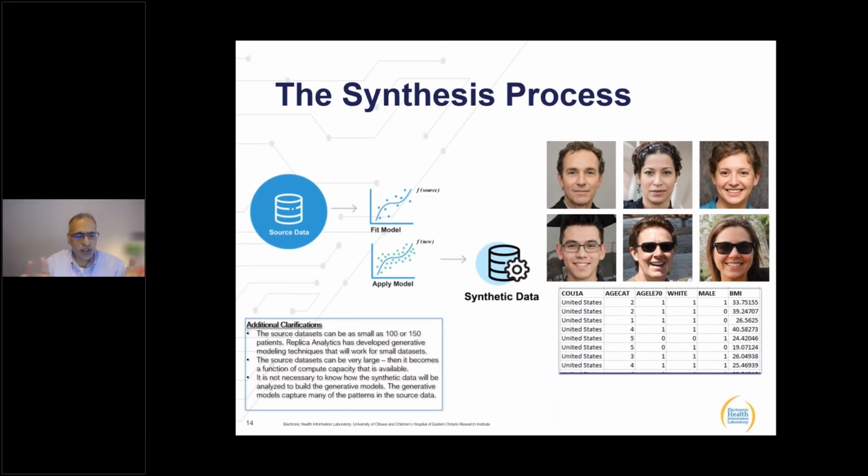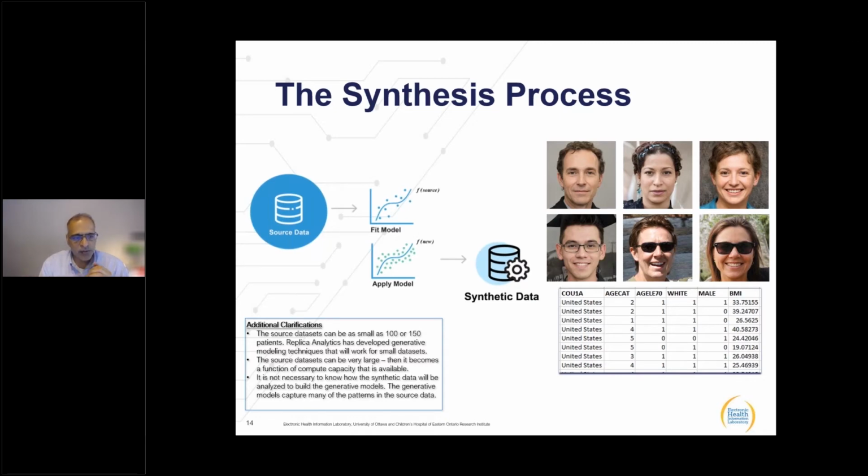So a few questions come up. How large can the data set be when you create synthetic data sets? We started doing this on clinical trial data sets, which happen to be small. And so that drove a lot of our early research and early work in this space, and we developed techniques that are suitable for small data sets, but that can also scale to larger data sets.